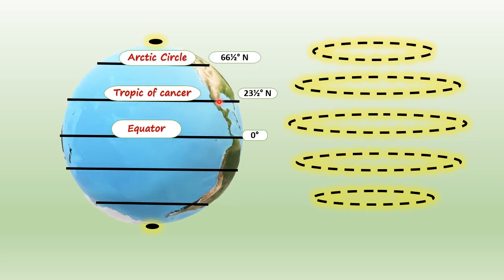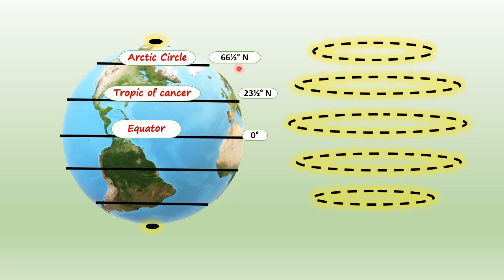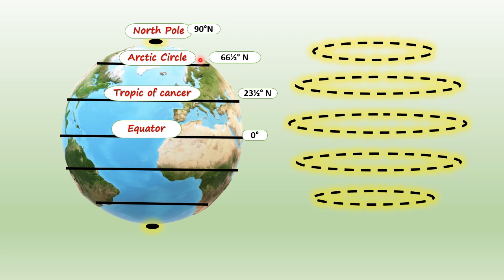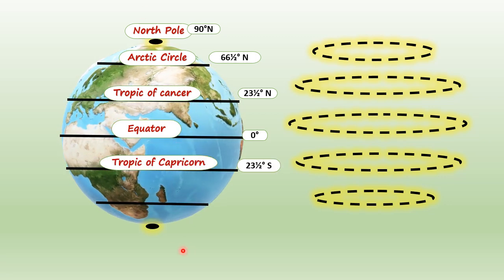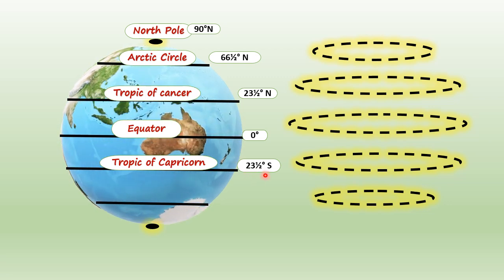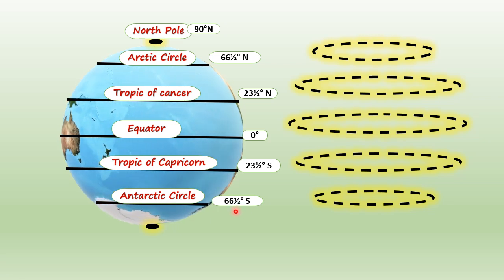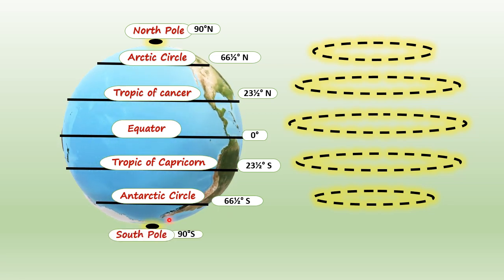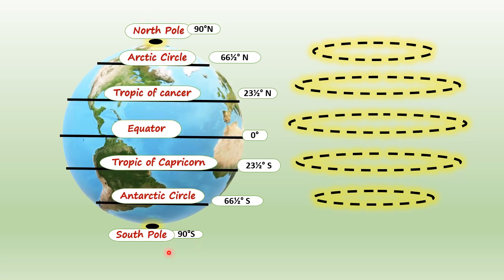After that the Arctic Circle at 66.5 degrees north, and then the North Pole. Then when we move towards the South Pole, the Tropic of Capricorn at 23.5 degrees south, and then the Antarctic Circle at 66.5 degrees south, and the South Pole at 90 degrees south. So these are the important latitudes.